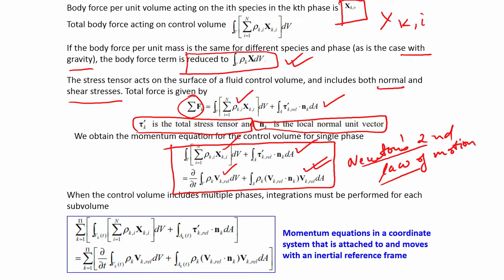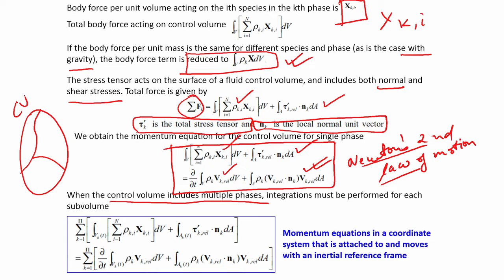Got it. Now, if the control volume includes multiple phases, if you recall that diagram where we had three phases, say this is liquid, this is vapor, this is solid, these are basically the areas. This can actually be 3D and this is the volume.